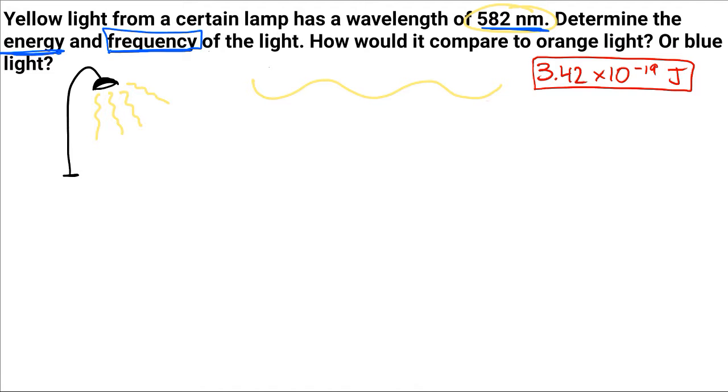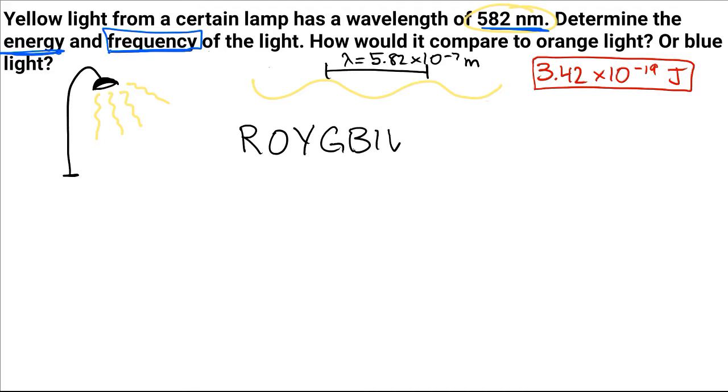We learned in the last video that the wavelength of this light in meters, which is useful to us, is 5.82 times 10 to the negative 7th meters. According to Roy G. Biv, which would be useful for you to memorize, it is the part of the visible spectrum that we can see, and it tells us that it's going to go from longest wavelength to shortest wavelength.